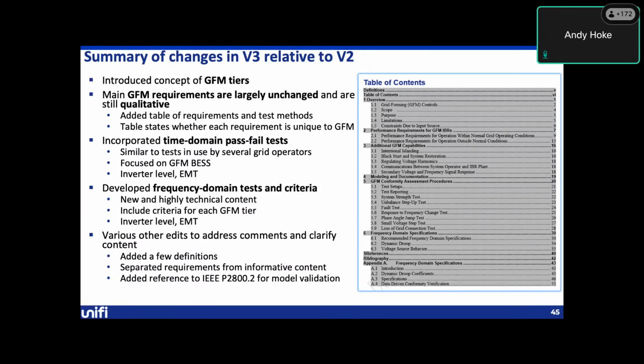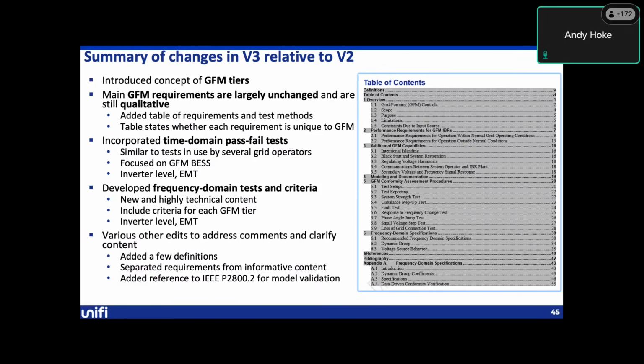And then the other major new thing that we've added is something that you don't see in most of the specifications out there available today, but they are kind of emerging as a way of telling a grid forming unit from a grid following unit, and that's frequency domain tests.